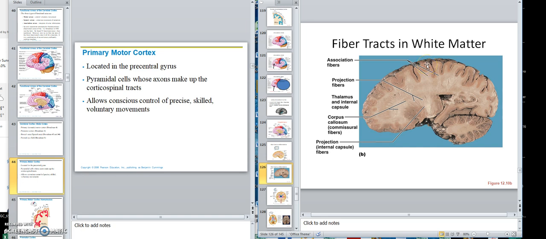And this area, like I said, is where the detail stuff occurs. So it allows conscious, skilled, voluntary movements. The detail stuff. Okay?